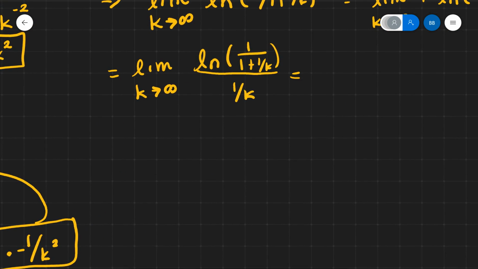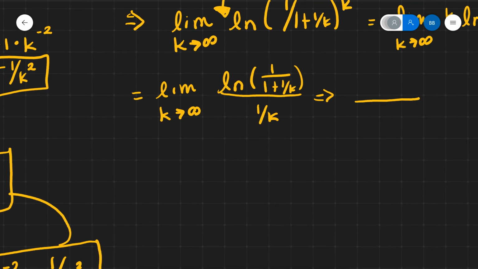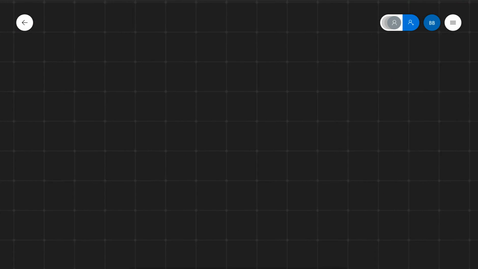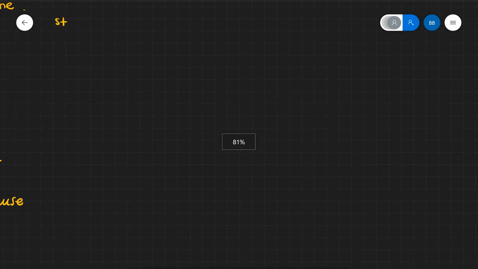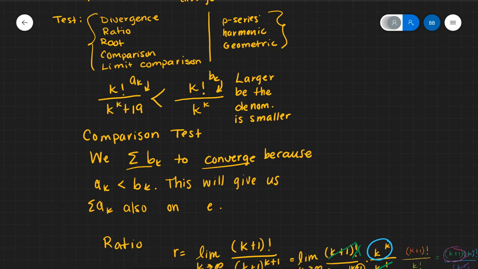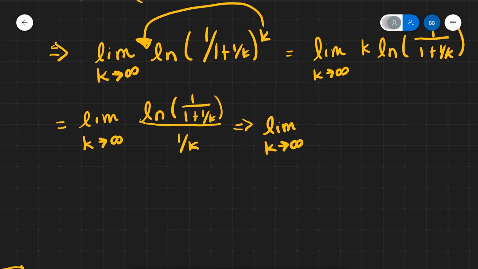So rewriting, we have the denominator is just, and rewriting our limit as well. Limit k goes to infinity. Scrolling back to where I was, I have the denominator is just negative 1 over negative k squared.